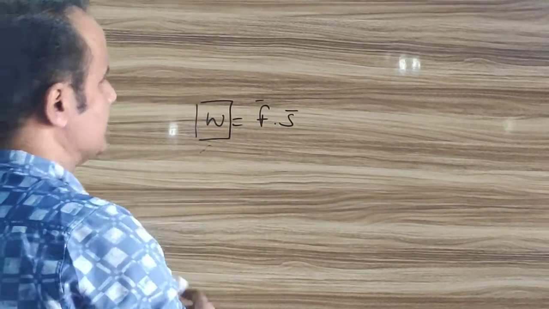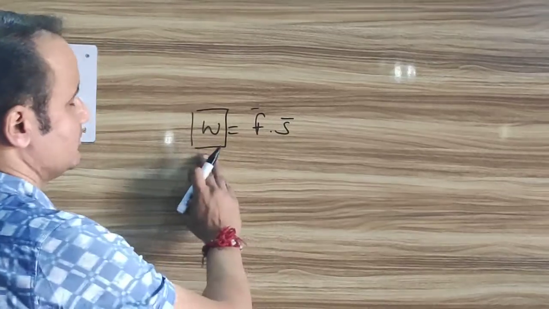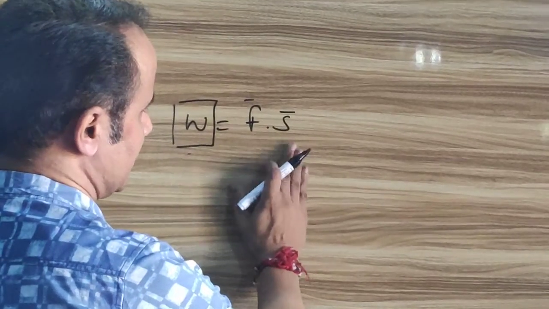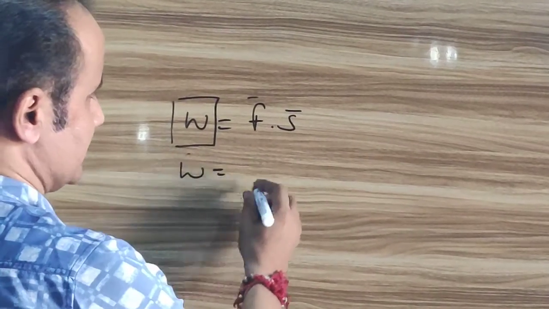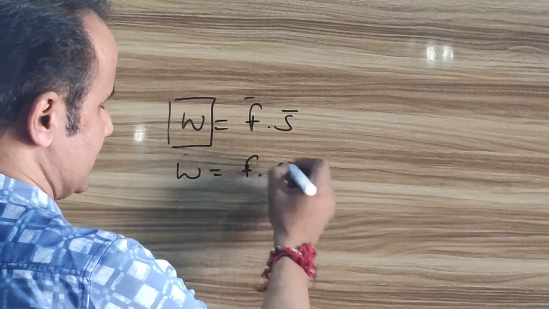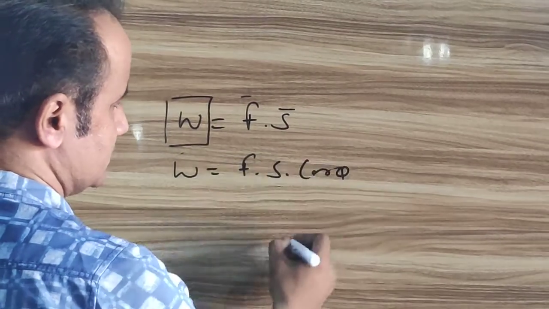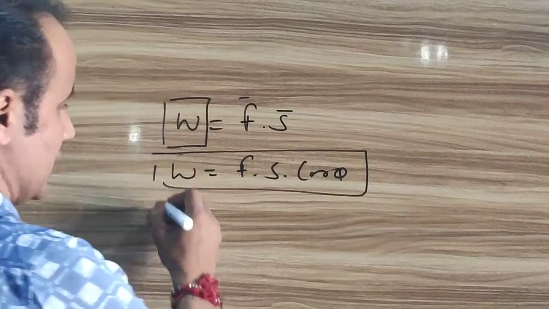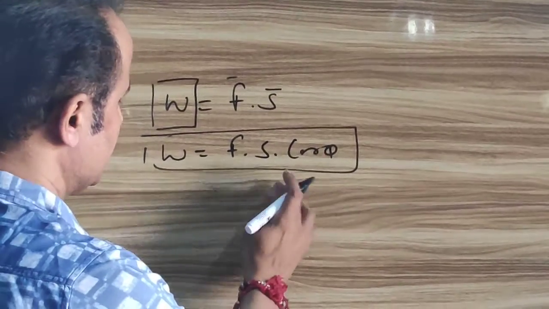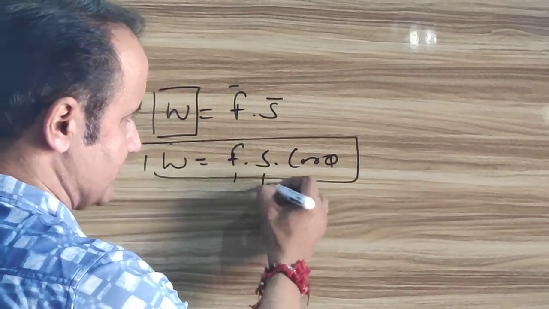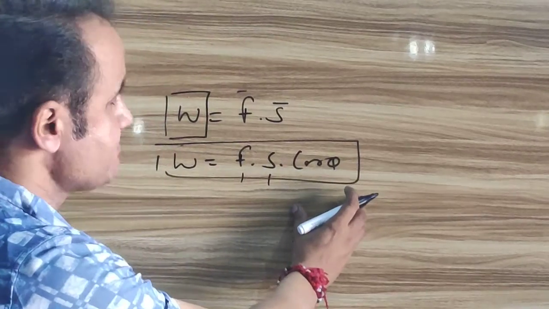Now, as we know, work is the scalar product of F and S, and its magnitude is F·S·cos theta. So the work is the product of force, displacement and cos theta.